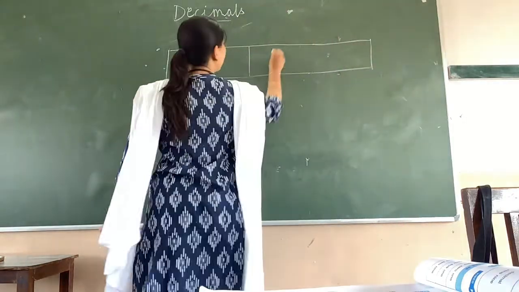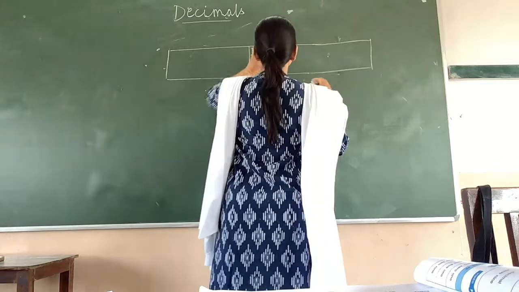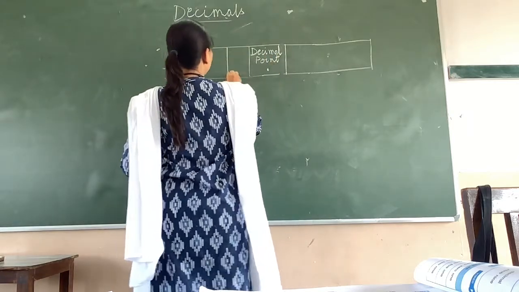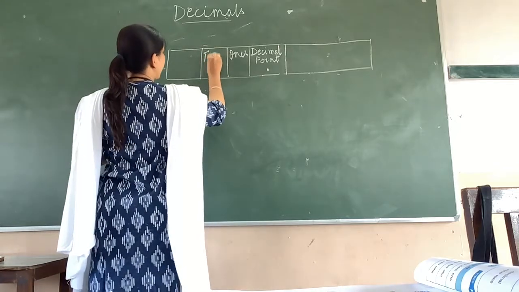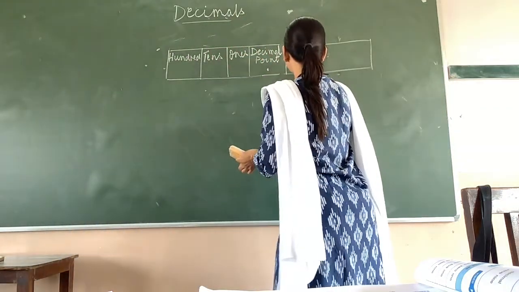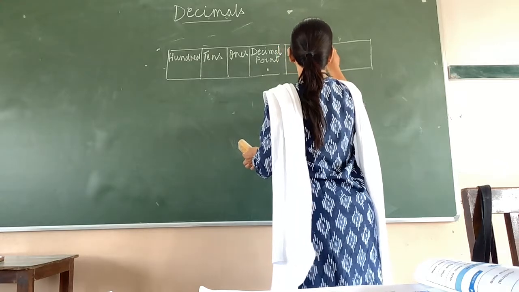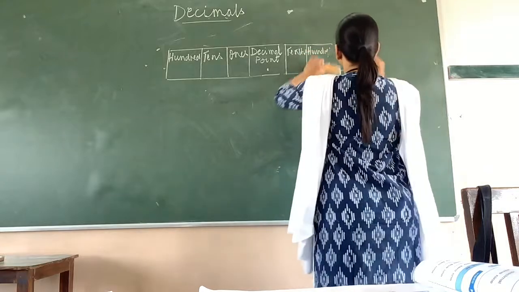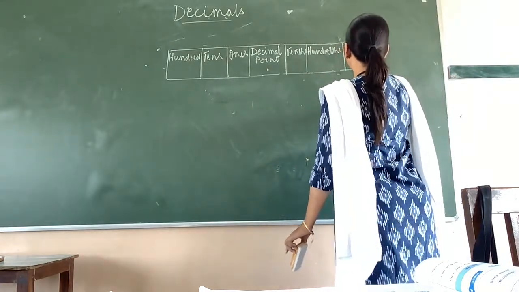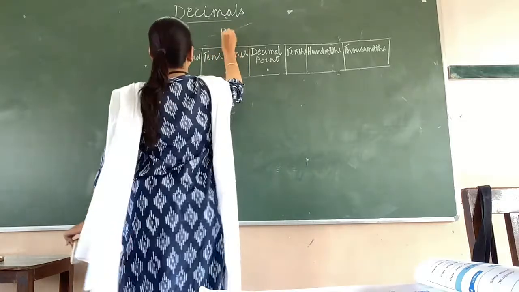Okay. Now I will explain you the place value chart. Now see. Decimal point, ones, tens, hundred. After decimal point, the places that we have are tenths, hundredths, and then thousandths.